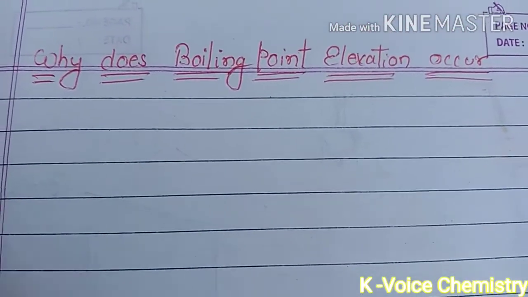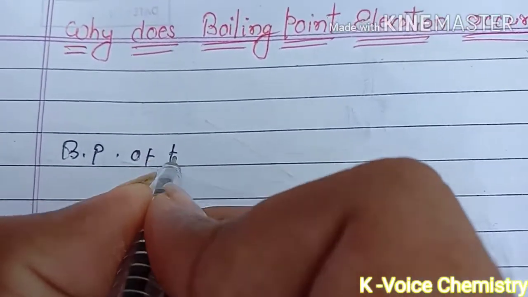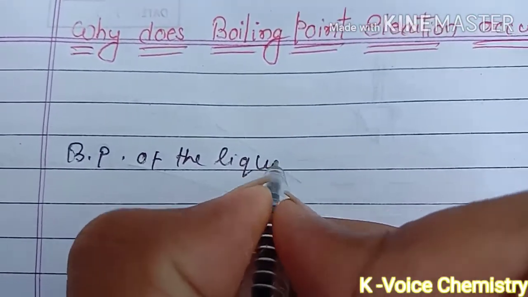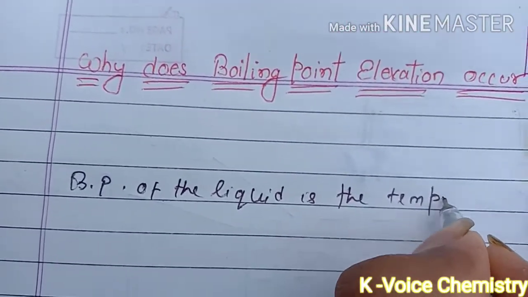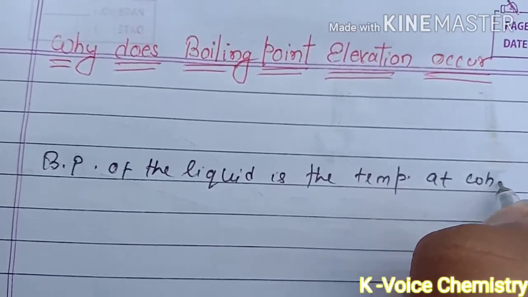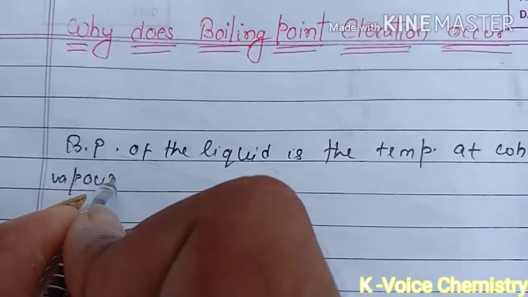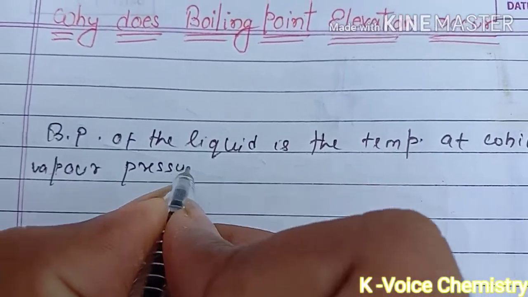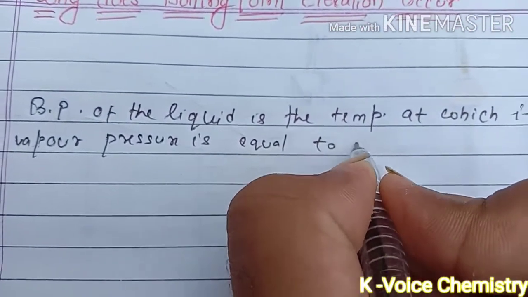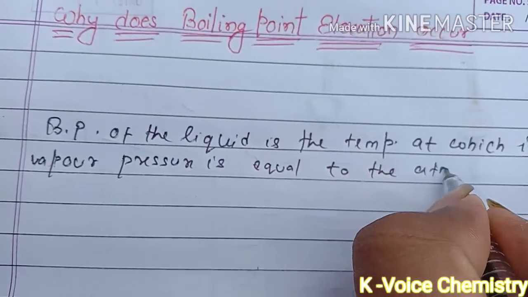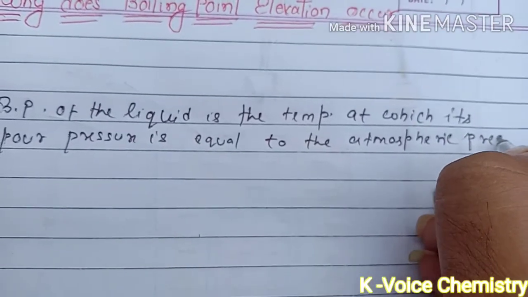Now we will discuss why this boiling point elevation occurs. So what is the boiling point? The boiling point of a liquid is the temperature at which its vapor pressure is equal to the atmospheric pressure.